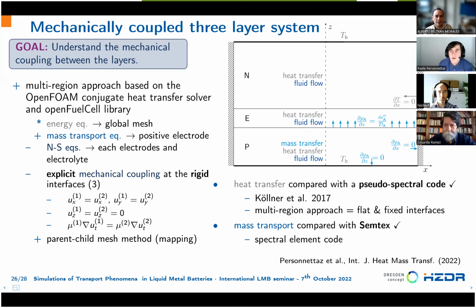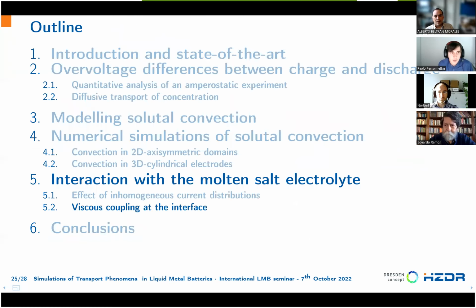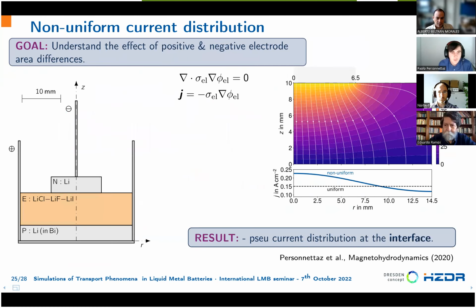What do you think? So in this case we didn't practically include any magneto-hydrodynamics effect, but they are there. So this is a case in which we consider the coupling of the transport in the electrolyte and the coupling of the transport in the electrode, but without considering any magneto-hydrodynamics phenomena.